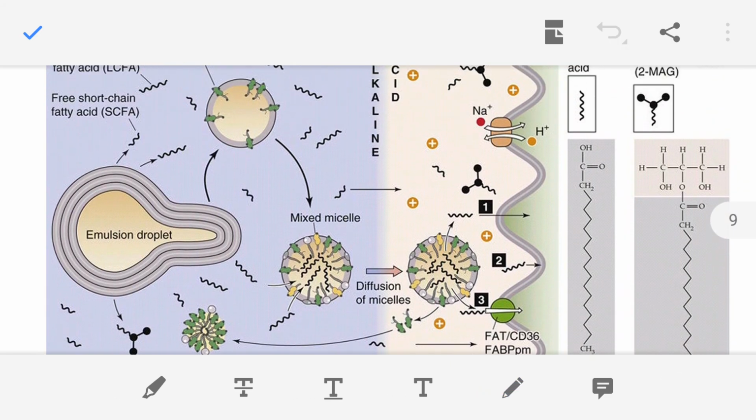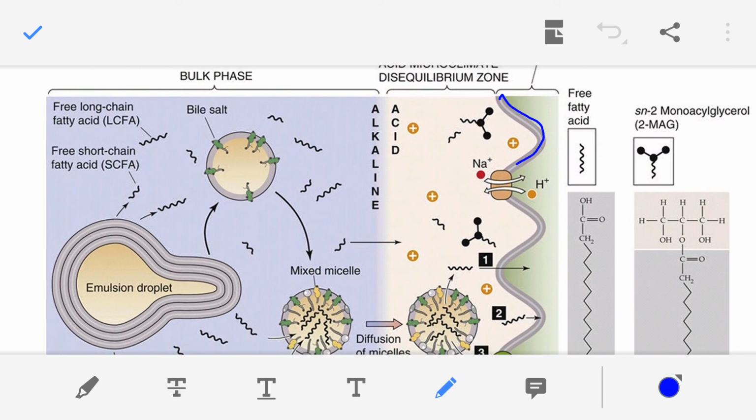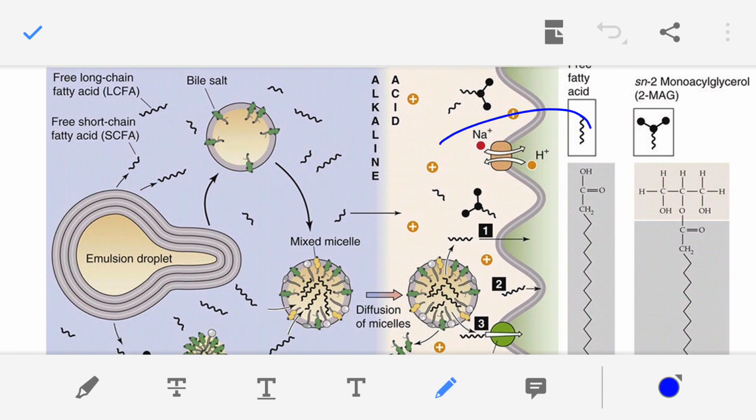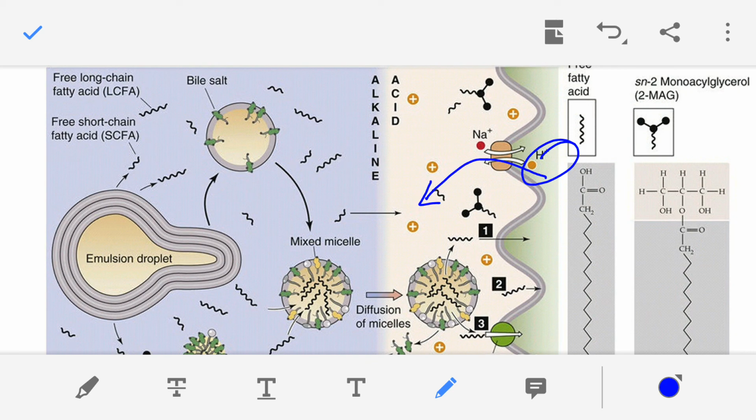Now here, this one is the brush border of the enterocyte cell, and in the brush border, this one is the sodium hydrogen exchanger. What is this exchanger doing? It is exchanging Na+ ion and H+ ion, that means the protons. So the protons are coming out, and the Na+ ions are entering into the cytoplasm of the enterocyte cell.